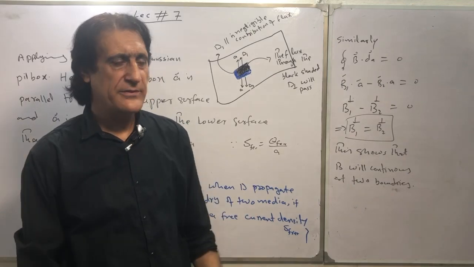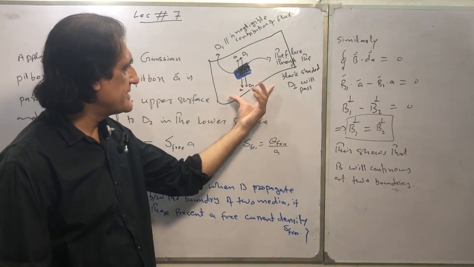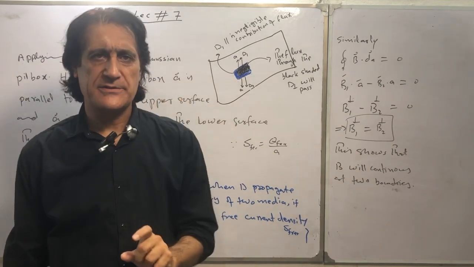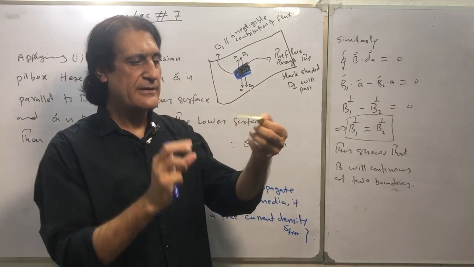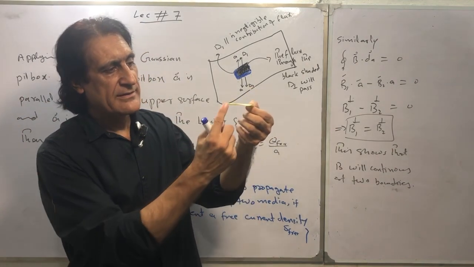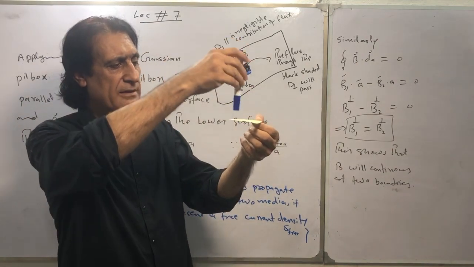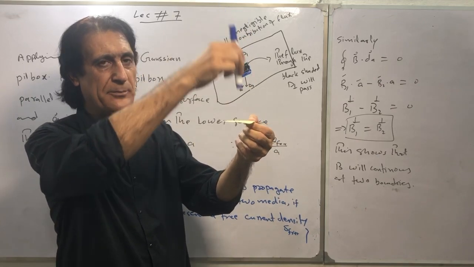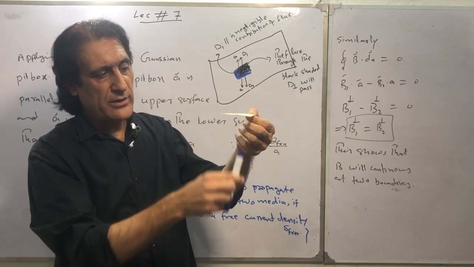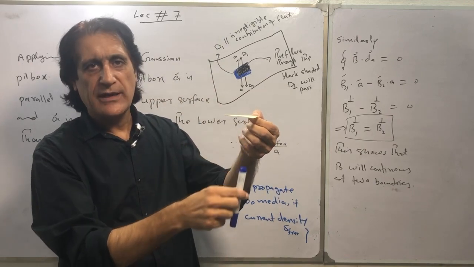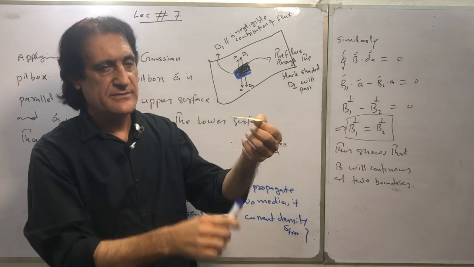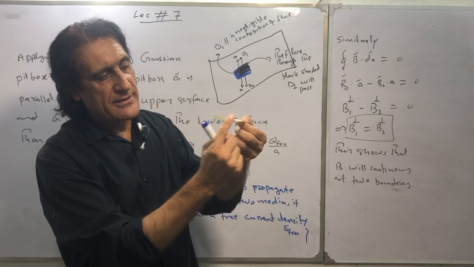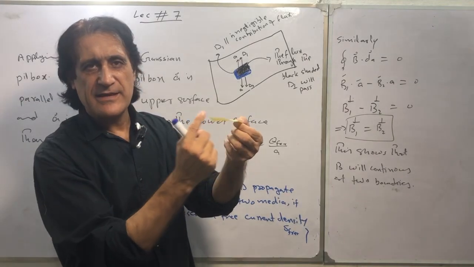Let's suppose we have a closed surface S, and we pick a small pillbox. In this area, D is parallel, and in the lower area D2 is also parallel. This is D1, this is D2, and the area remains the same. But on the side area, the flux is negligible.